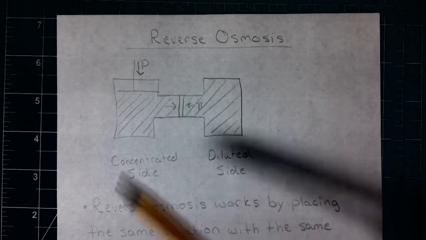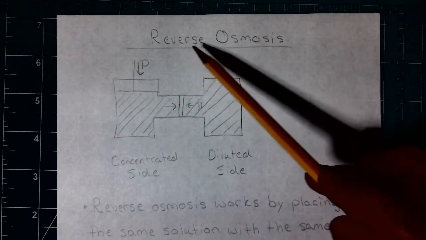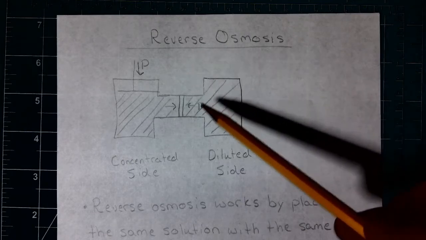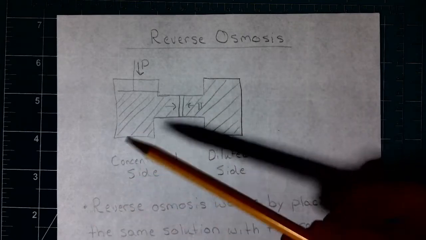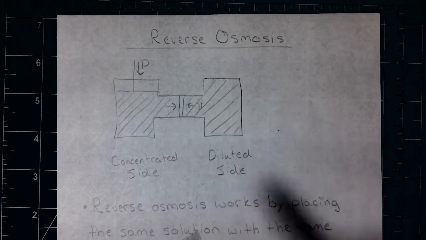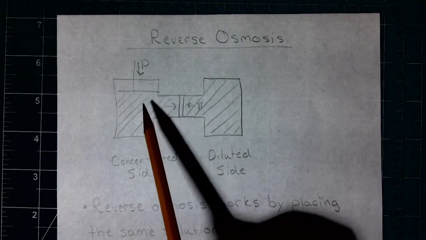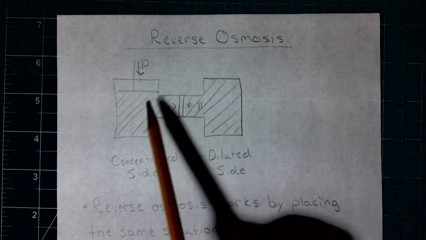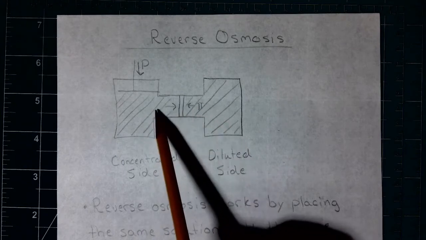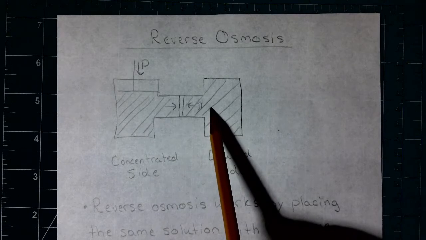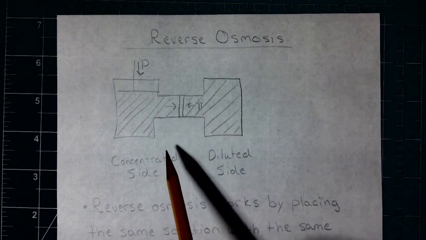You guys have probably heard before about something called reverse osmosis filters. You see these under kitchen sinks and stuff. I have one under my kitchen sink, and it filters the water for you in a pretty efficient manner. And basically what happens is you start off with two bits of water usually, but it could be some other solution, on both sides that have the same concentration initially.